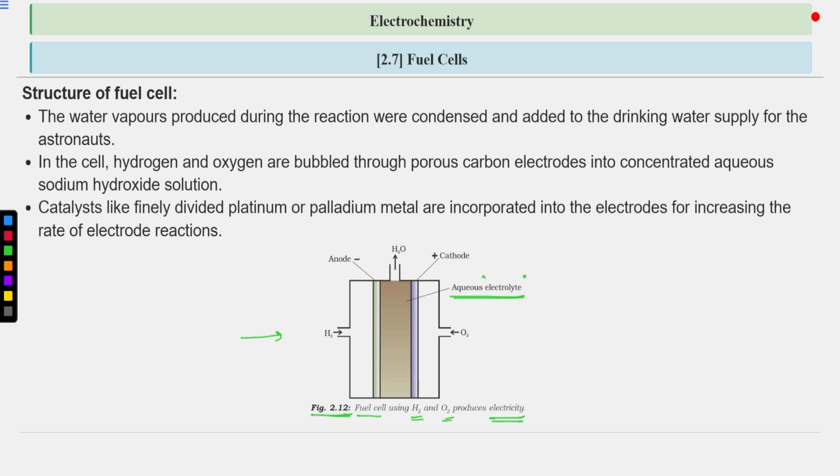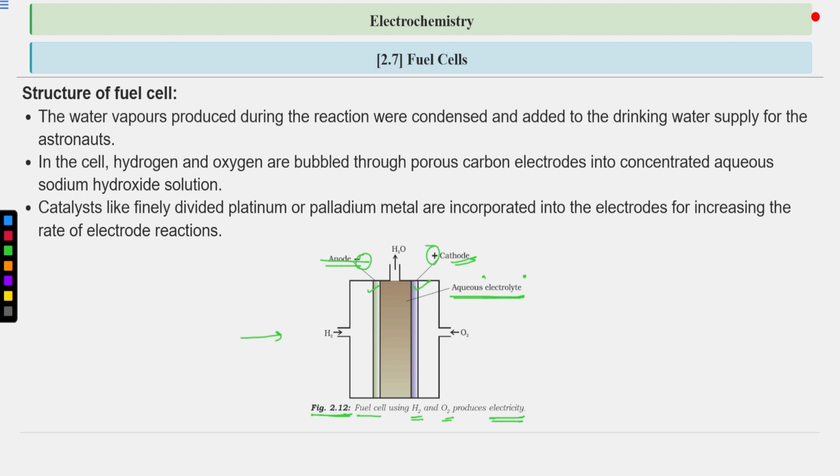Until now you have seen that in every cell we have some type of electrolyte present for the proper connection between the two electrodes, anode and cathode. Here the green one is the anode having negative charge, and the purple one is the cathode having positive charge.